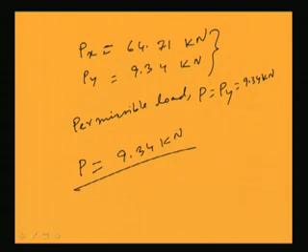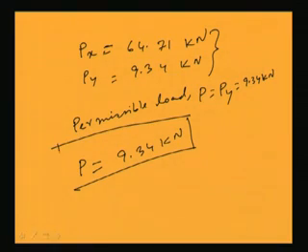That means the permissible load P will be 9.34 kilonewton. So, what we have seen here is that the stresses develop at different points in different ways because of direction, and the magnitude is also changing, particularly the stress due to bending moment, where the maximum is at the top or at the bottom. So, accordingly we have to check points x and y, which are most critical, and see what values are coming.